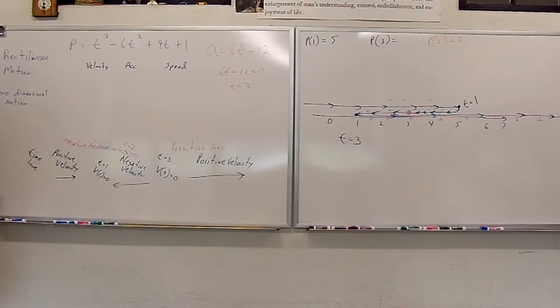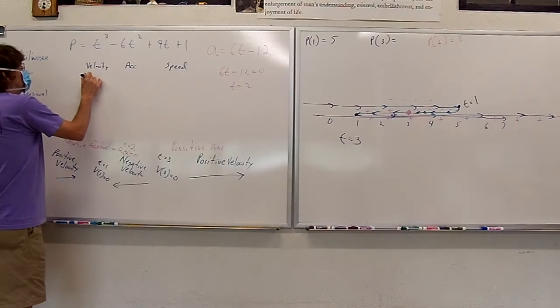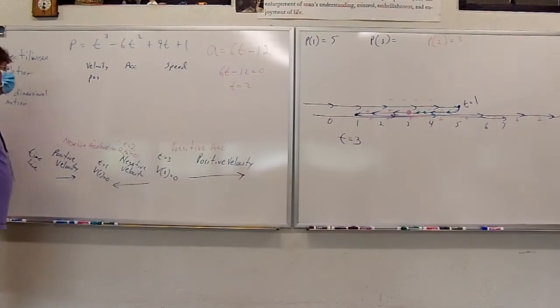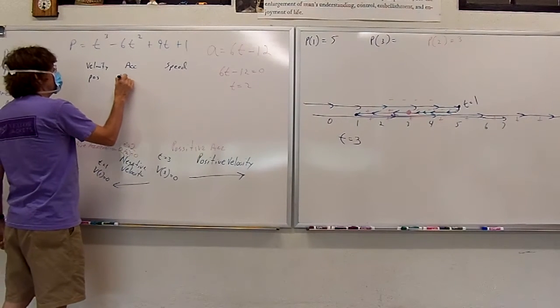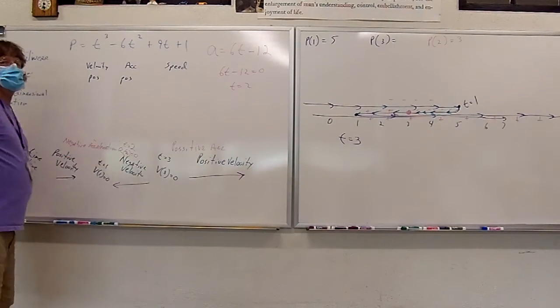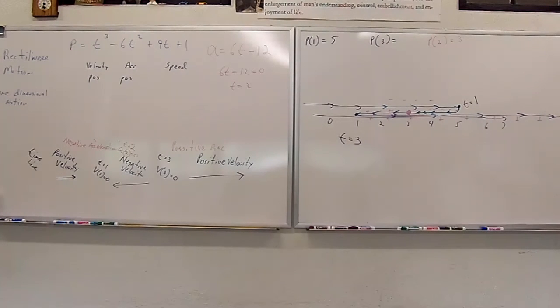If I have a positive velocity, I'm going that way. I'm going in the positive direction. If I have a positive velocity, I have to be going in the what? Positive direction. That can't change. And I have a positive acceleration. What do you think is happening to the speed? It's increasing.